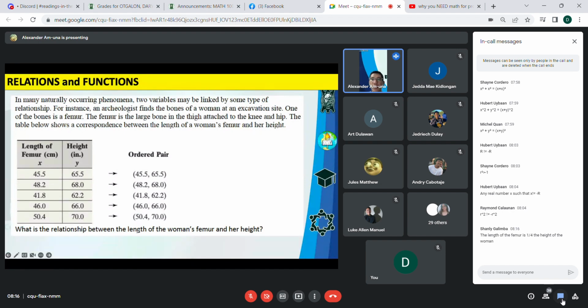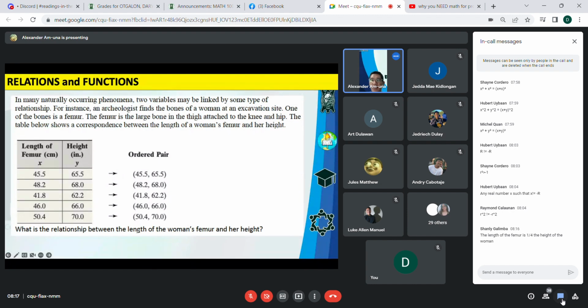Shanli, try now to make use of the variable. Change your statement, the same statement, but use the variables instead. So you say the length of the femur. What is the variable for the length of the femur? It's x, right?